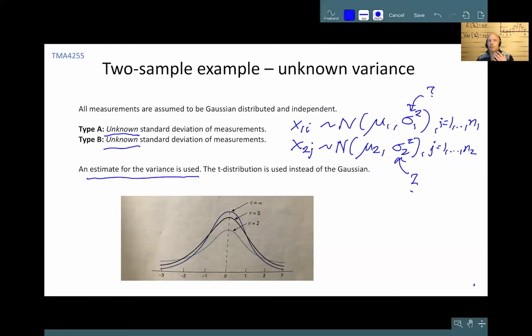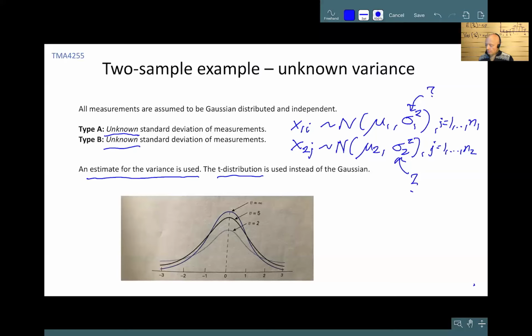And when we're doing so, we cannot use the Gaussian anymore. We have to compensate for this estimation of variance, which leads to more uncertainty. And that's where we get the t distribution. And the t distribution is looking similar to a Gaussian, but you have fatter tails.